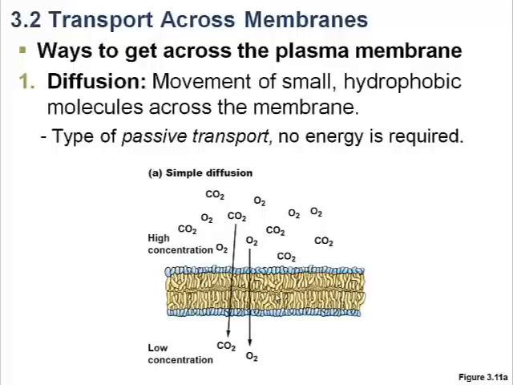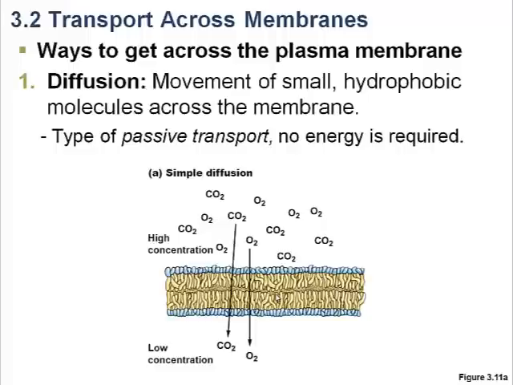There are special proteins that we'll talk about later in our class that allow water to move through the membrane in some cases. But water and other very small molecules, even if they are somewhat hydrophilic, water-loving, can pass through the membrane. To summarize, if a molecule is small and hydrophobic, then it can pass through the membrane very easily. If it's large and hydrophilic, water-loving, then it's not going to be able to pass through that membrane at all.